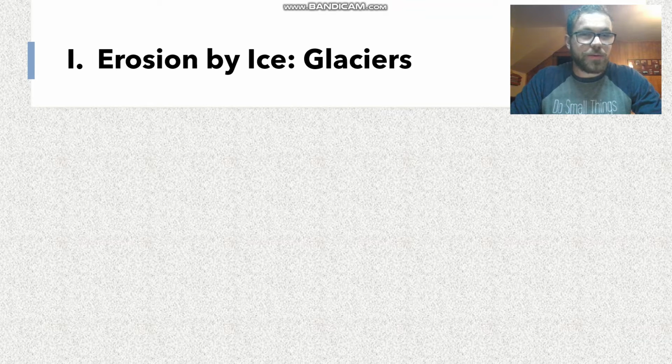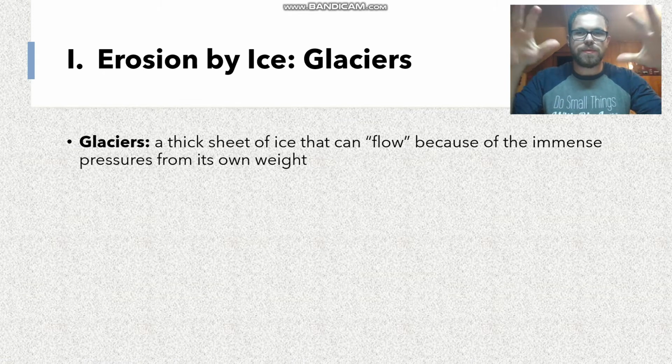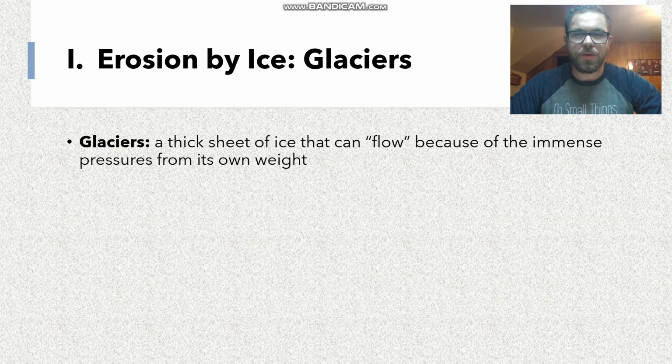All right. So first of all, talking about erosion by ice. So what we mean is glaciers, essentially. And glaciers are simply a thick sheet of ice that can flow because of the immense pressures from its own weight. So snow piles on top of snow, and you get this really thick layer of ice going on.